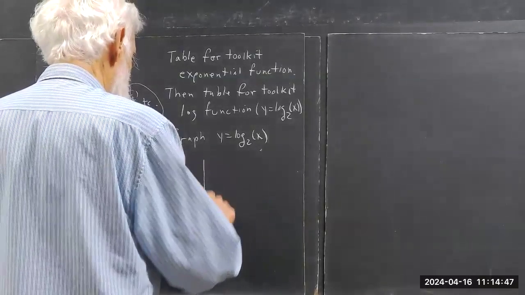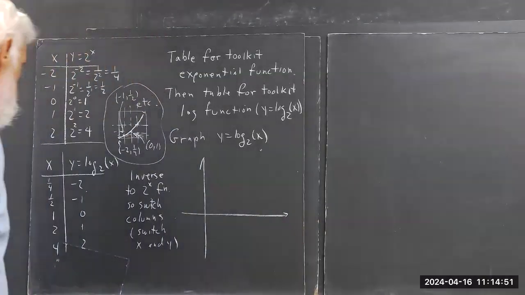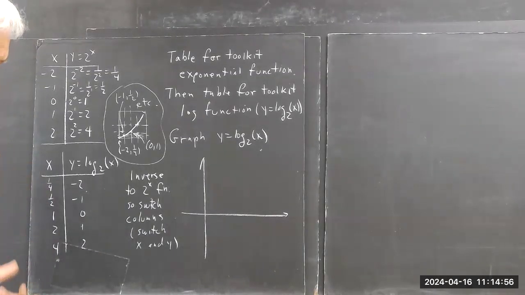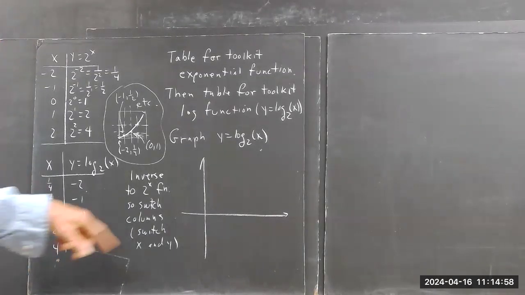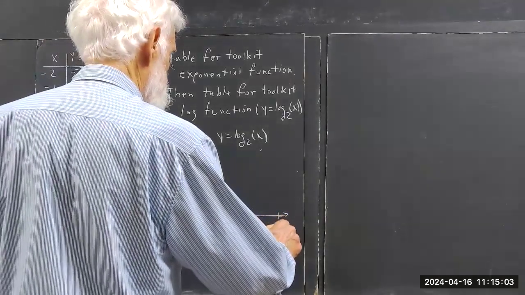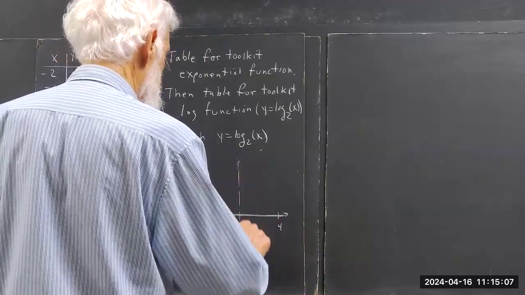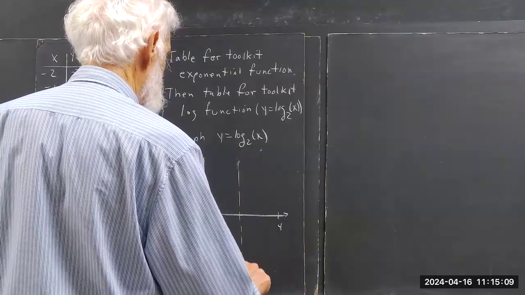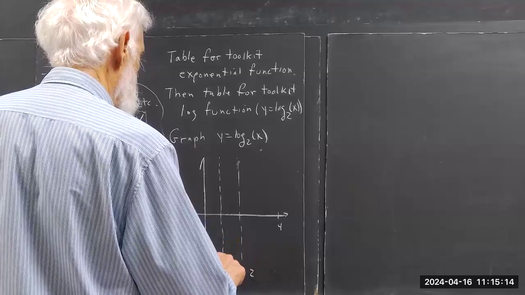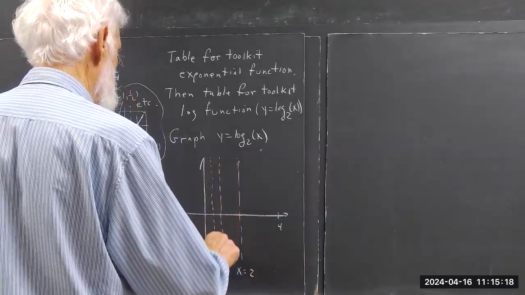So now we can sketch the graph. Our x numbers have to go from 0 to 4. Of course, it goes from 1/4 to 4, but we want the interval from 0 to 4. I'm going to cut that interval in half. Here's x equals 2. Cut this in half. Here's x equals 1. Cut this in half.